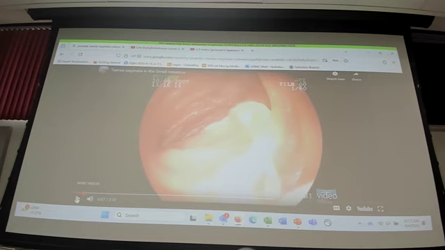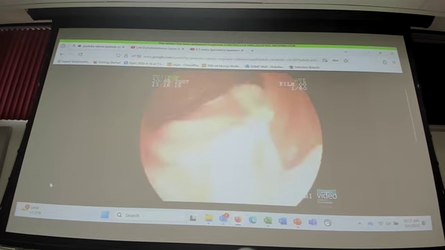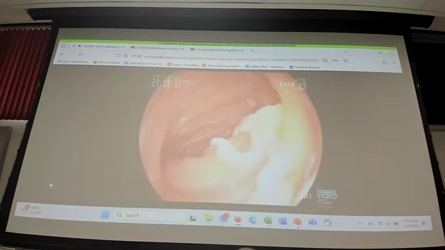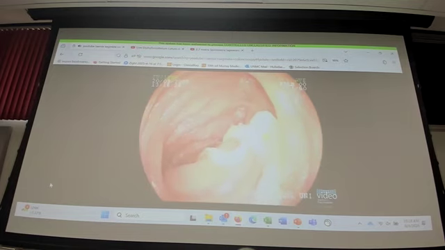Scientific name is Taenia saginata. It was discovered during a colonoscopy. Just want you to see how long it is, how it moves. Maybe this is not super high resolution, but maybe you can see that it's segmented, and that those individual segments are called proglottids.